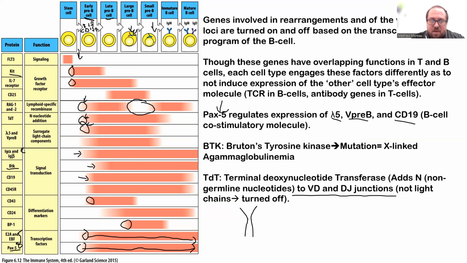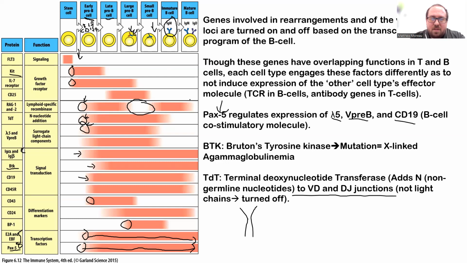The small pre-B cell then undergoes VJ recombination of the light chain. I keep saying alpha, what I mean to say is the light chain. The light chain either does or does not produce a functioning IgM version of that particular B cell receptor.